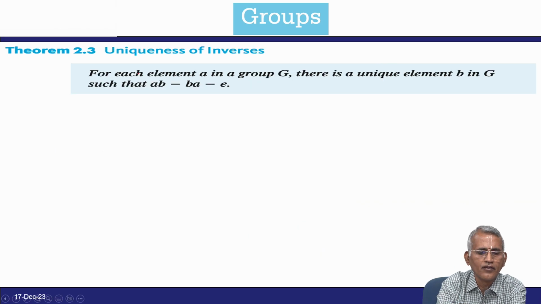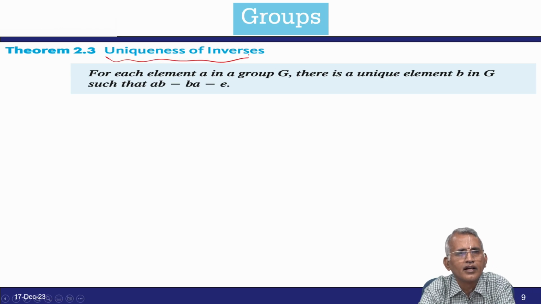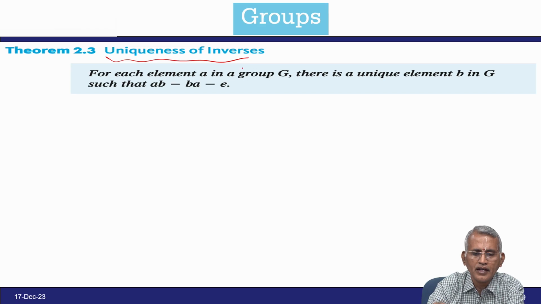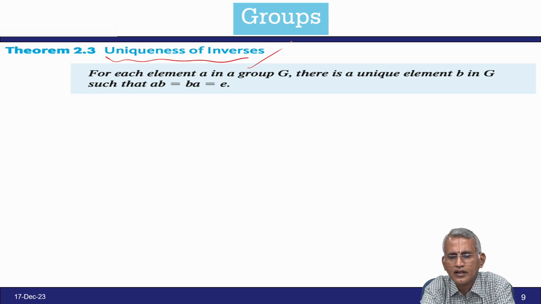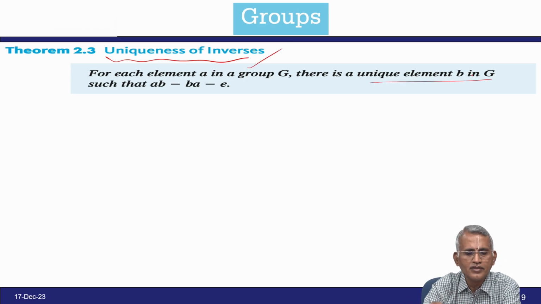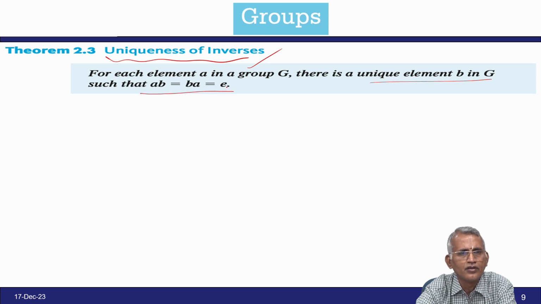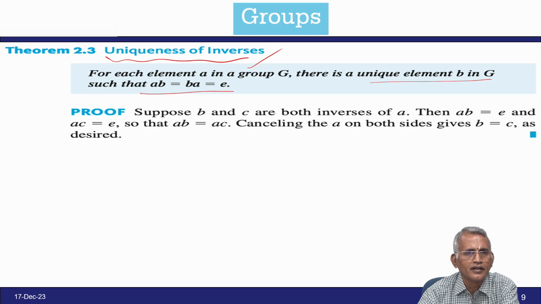Next, uniqueness of inverse. We already came across uniqueness of identity. Now we are going to see uniqueness of inverses. For each element A in group G, there is a unique element B in G such that AB equal to BA equal to E, right.